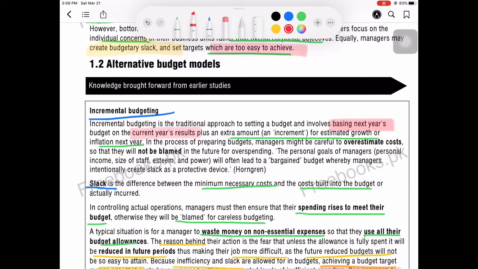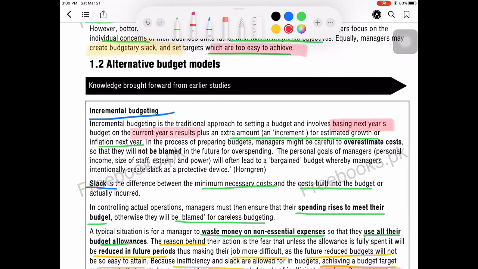So if I am preparing, let's suppose previous year 20x2, and I have to prepare the budget for 20x3. So here I am going to take the budgets of 20x2 and I am going to add an incremental percentage, which here is an extra amount, that is for the reasons that we have discussed.